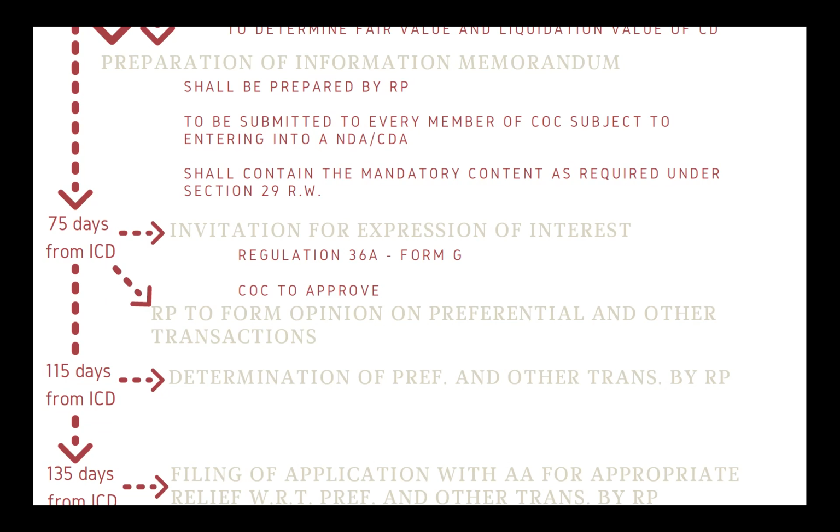What else will I prescribe in an invitation for expression of interest? I say that this invitation is not for the entire public. Not Tom, Dick and Harry can just come and file an EOI. So I prescribe an eligibility criteria.